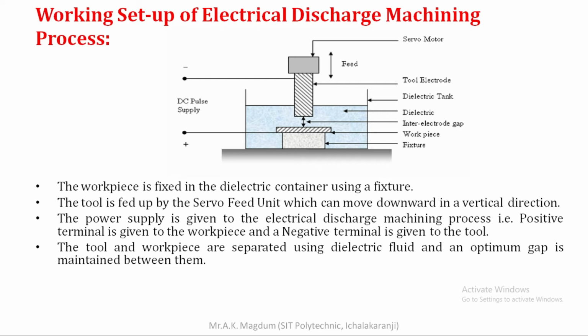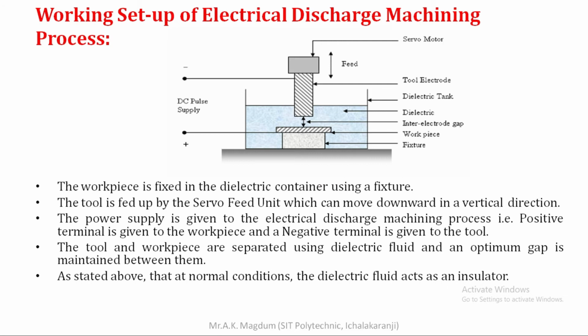Once you properly maintain the gap, then ions are shifted from one end to the other, and a spark takes place, which helps melt the material of the workpiece and remove it. So the gap is a very important thing.